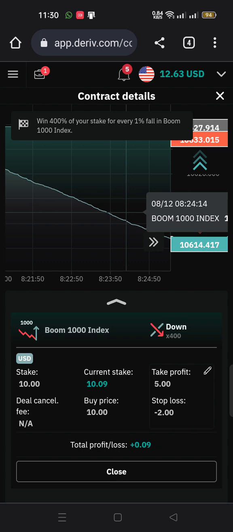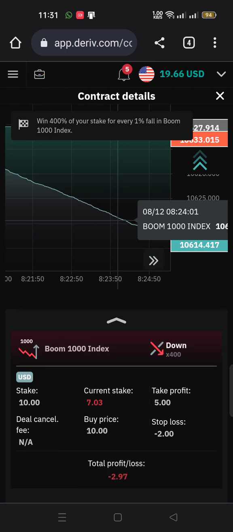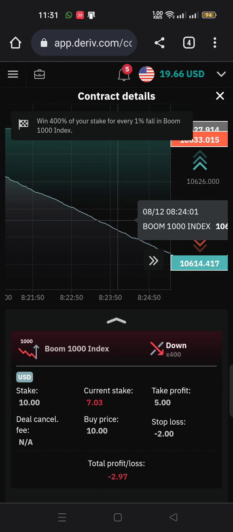You close and then place another. So like here, we have to start again. We lost the profit we had of 2 point something, $2.5. So we have to start again. And there we are.